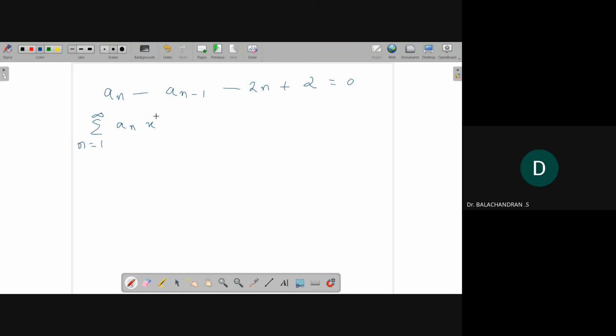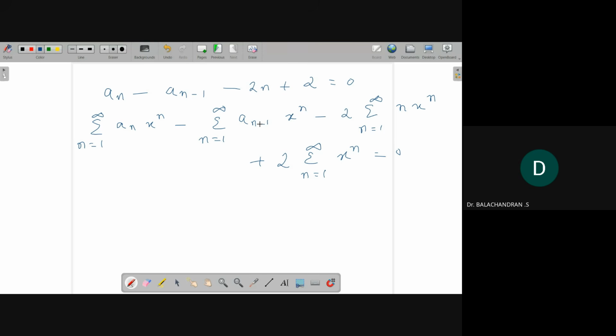So summation n equal to 1 to infinity a n into x power n, minus summation n equal to 1 to infinity a n minus 1 into x power n, minus 2 is constant, so summation n equal to 1 to infinity n into x power n, plus 2 is constant, summation n equal to 1 to infinity x power n equal to 0. So I think here n is perfect.